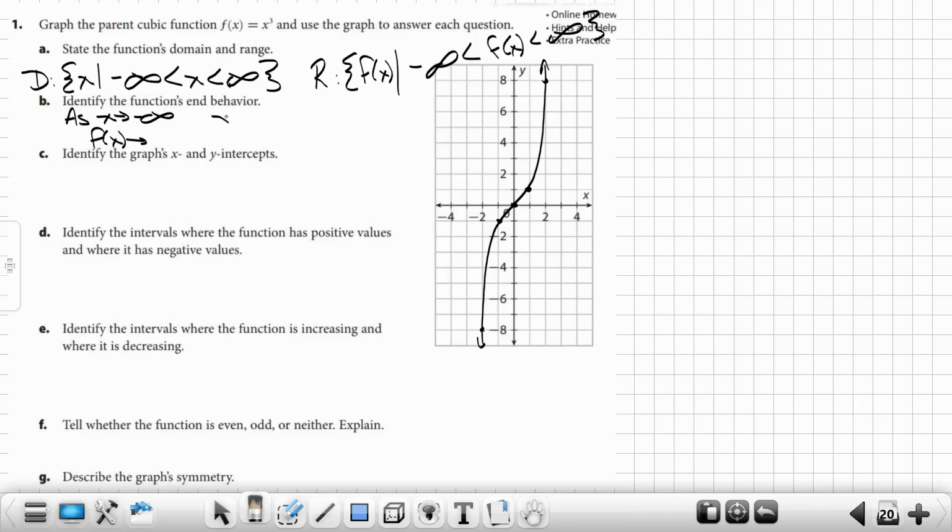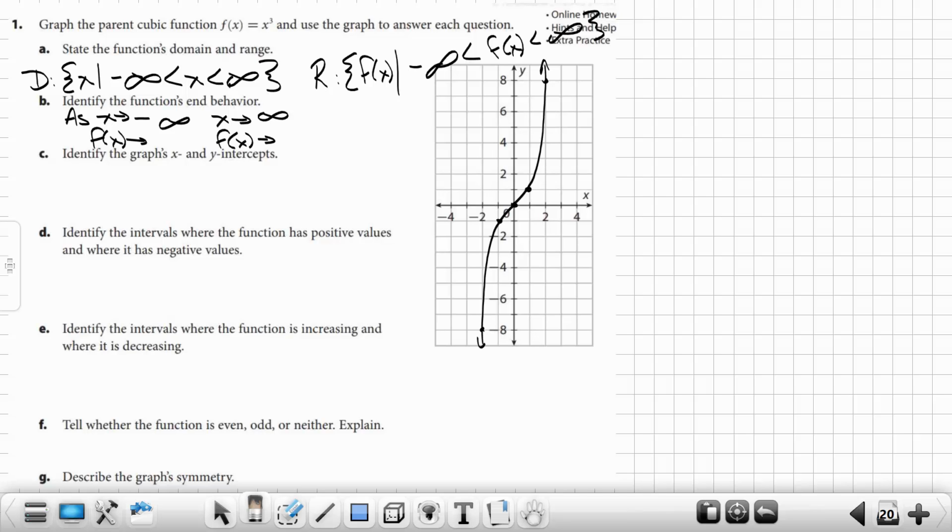And as x approaches positive infinity, what does f of x approach? End behavior can always possibly be on a quiz.